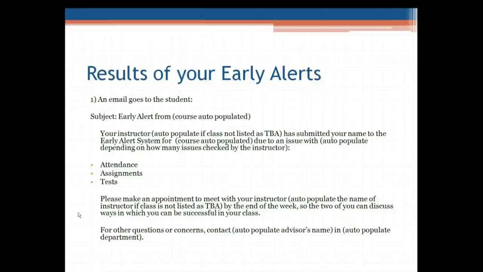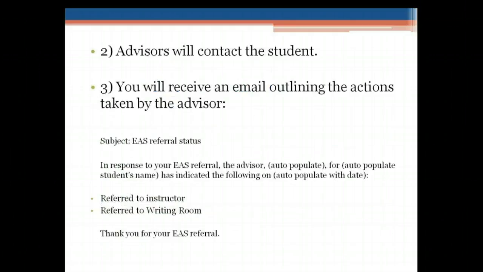The early alert referral will also go into an early alert log so advisors can access the information and initiate contact with the student. Once the advisor or departmental representative takes action, they will be asked to go into AIS and report the action taken. At that point, the instructor initiating the referral will receive an email reporting the action taken.